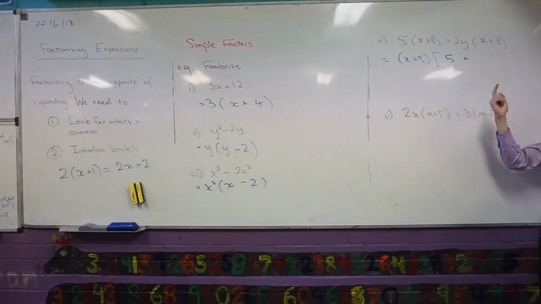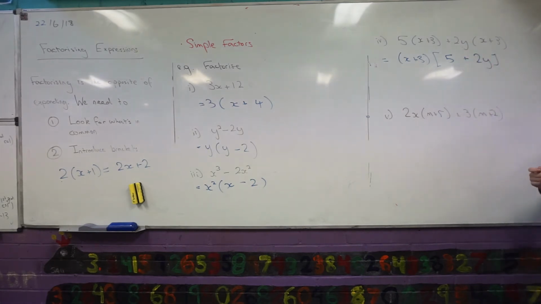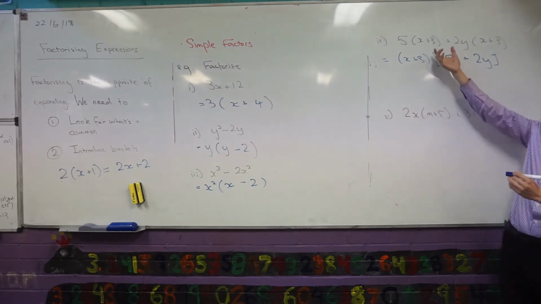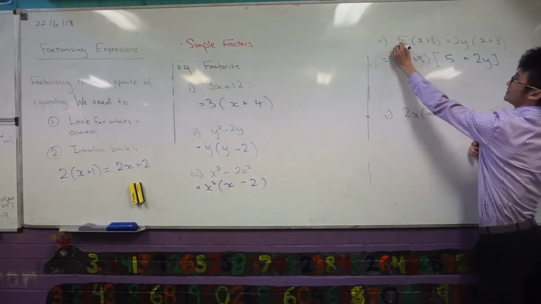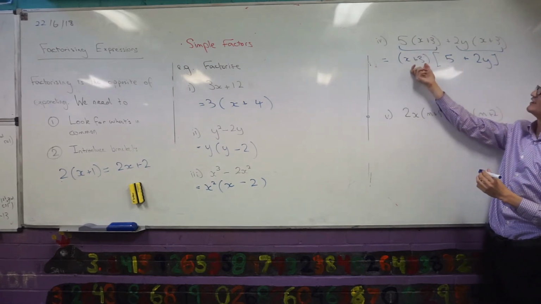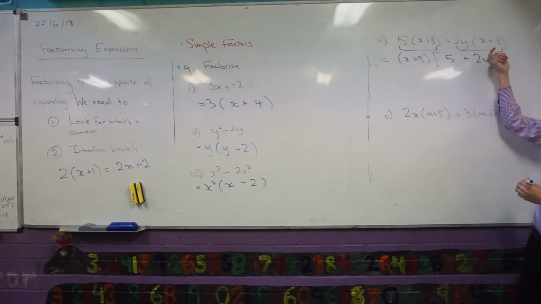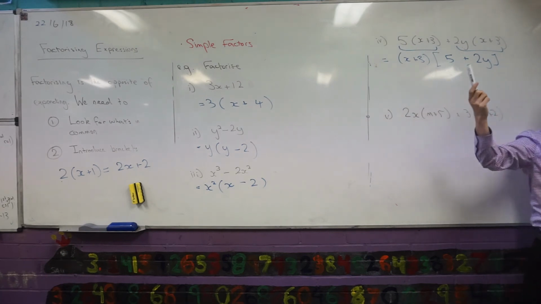Because this is just 2y times x plus 3. And that's it. I've just drawn the square brackets there because it can sometimes be a bit confusing what I've actually done here. All I've done is look at these two terms separately, and I've said, I'll take out that x plus 3, I get left with 5. And I take out the x plus 3 in there, I get left with 2y, okay? That's all I'm doing. I'm still looking for what's in common, and I'm still introducing brackets.